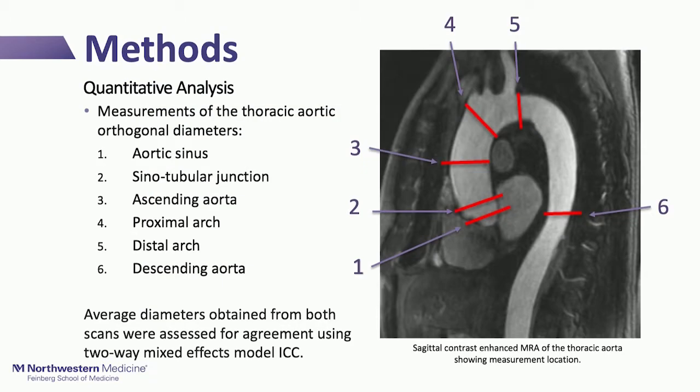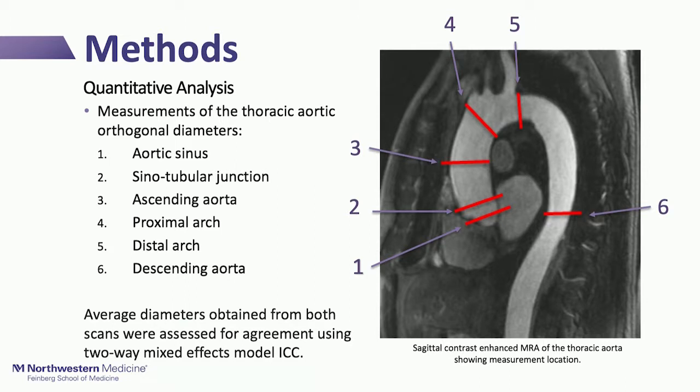Quantitatively, we looked at the two scans, and we looked at the aortic sinus at 3 different locations, going from sinus to sinus, and then averaged them. And then we looked at the sinotubular junction, ascending aorta, proximal arch, distal arch, and descending aorta, and used 2 different measurements and averaged those.